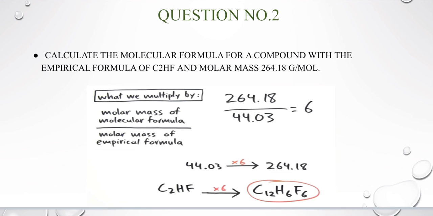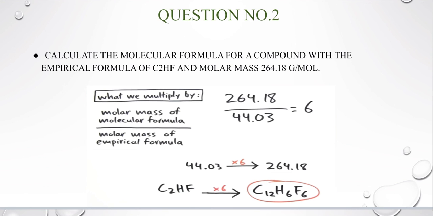And in the denominator is the molar mass of the empirical formula, which after calculating it, multiplying 2 by the relative atomic mass of carbon, plus the relative atomic mass of hydrogen, plus the relative atomic mass of fluorine, we get 44.03, which is always the same, since the relative atomic mass of these individual elements is not flexible.